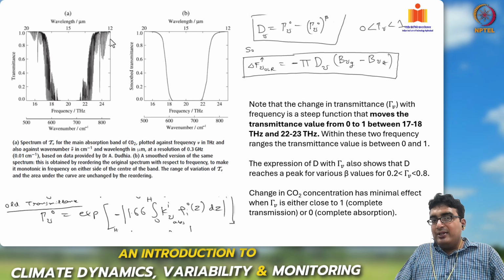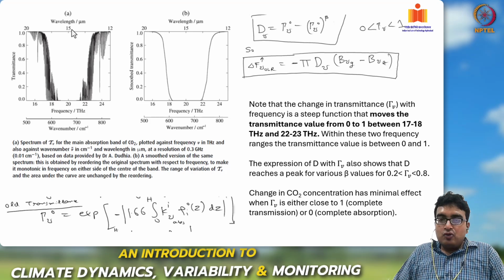And this is just one region. So here wavelength is around 15. You remember there is a strong CO2 absorption at around 15 micrometers due to the vibrational resonance that is absorbing infrared radiation at those wavelengths. So as expected, at around 15 micrometers, transmittance goes to 0. This corresponds to a frequency of 20 terahertz and a wave number of around 675 centimeter inverse.